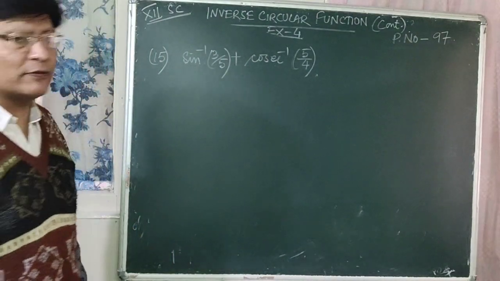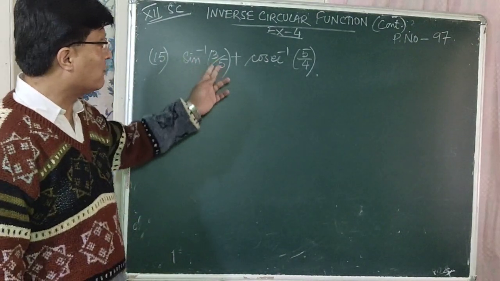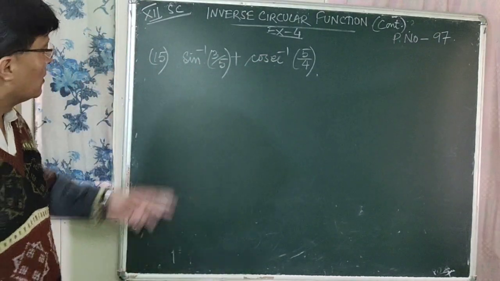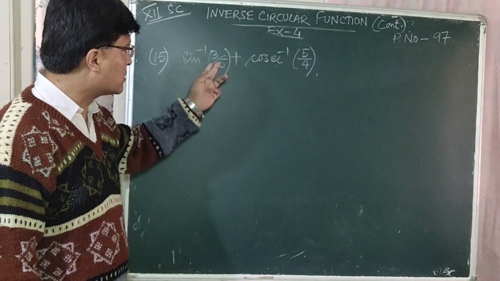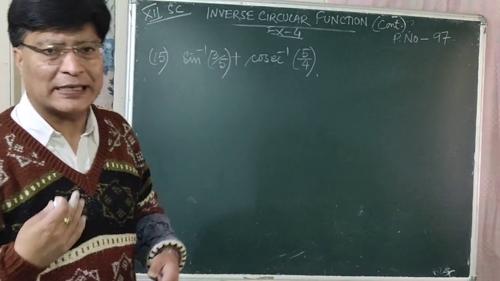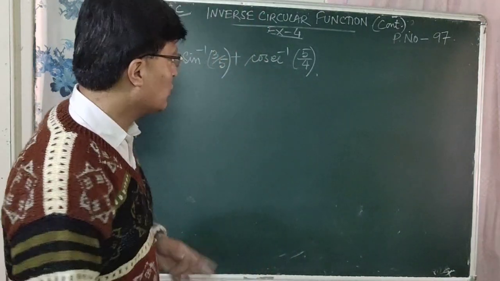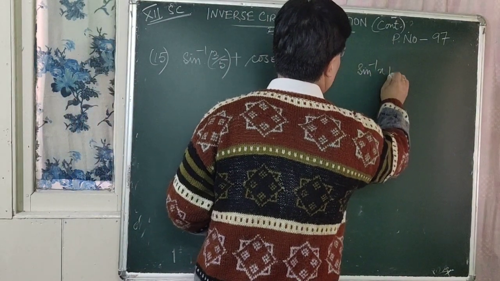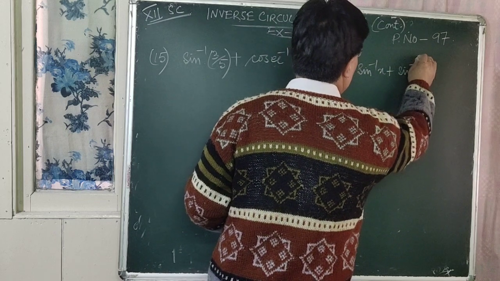So now let us find out the value for sin inverse 3 by 5 plus cosec inverse 5 by 4. That is number 15. So if it is sin inverse 3 by 5, you should convert this cosec inverse in terms of sin inverse, so that you can use this formula. That is sin inverse x plus sin inverse y.